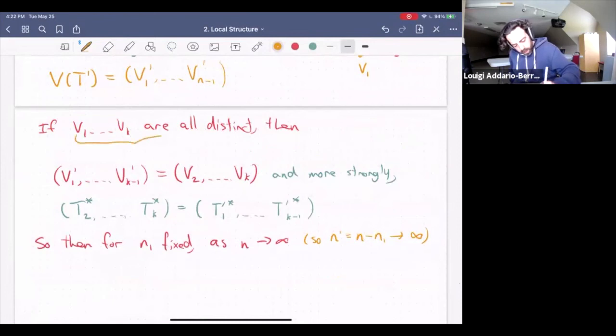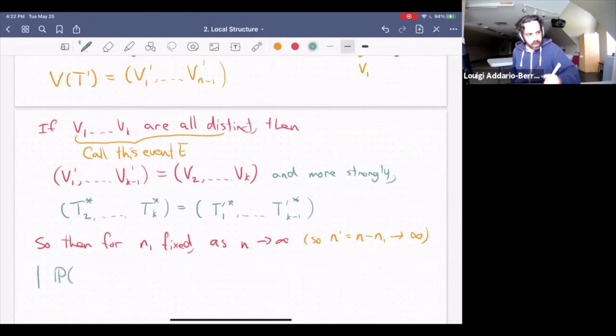So I'm going to want to condition on that event. Let me call this event E. Okay, then we'll have that the probability that we see some particular sizes for the subtrees 2 up to k star.